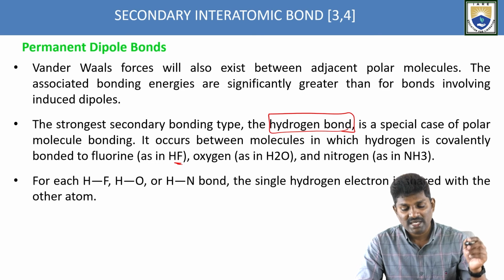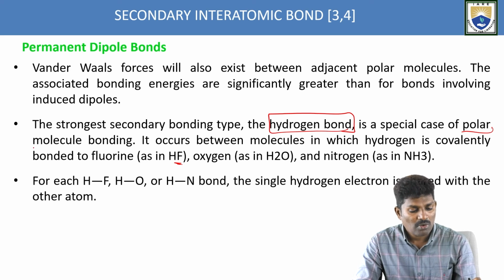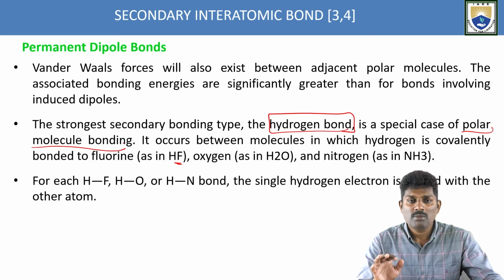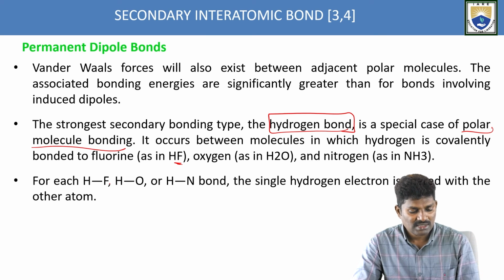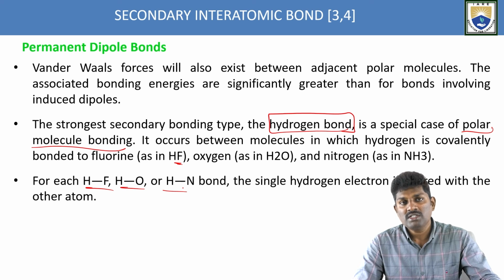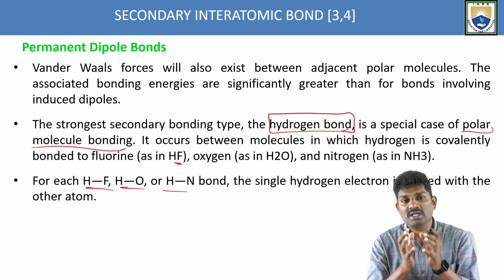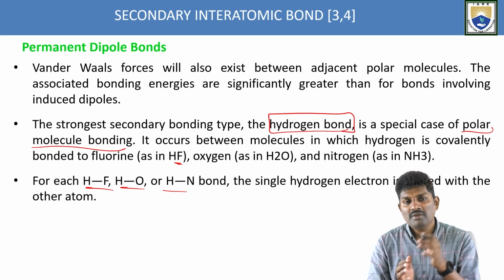So those special cases are called polar molecule bonding. In some special cases we get it with the covalency of hydrogen, and then we are getting a strong bond. So these are some of the examples: HF, HO, HN. These are the single hydrogen bonds which share the atoms completely to get a strong bond with the help of this hydrogen.